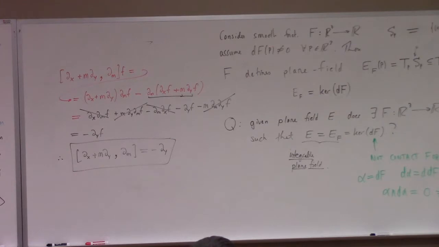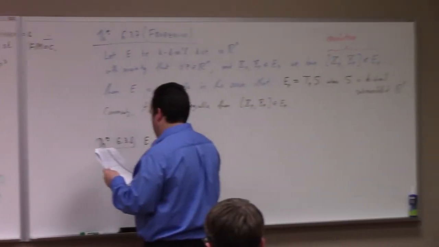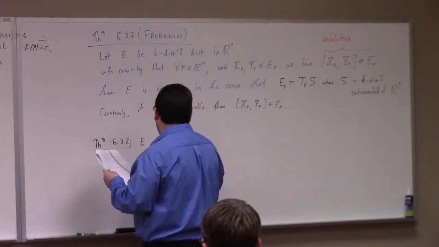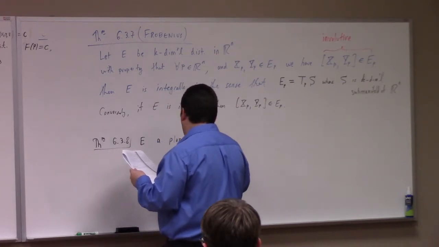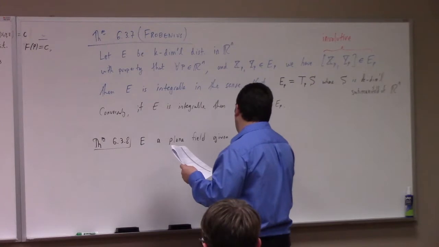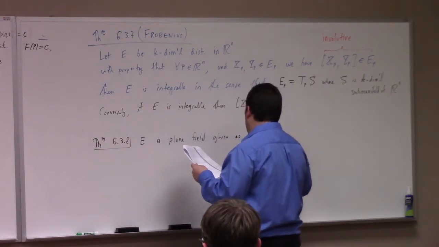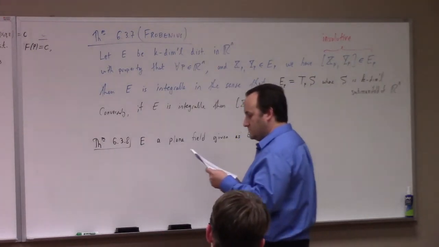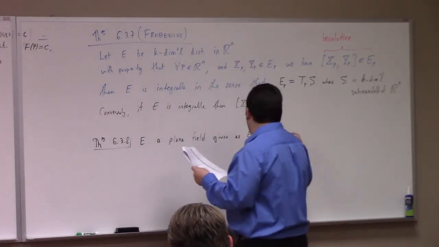There is a reformulation of this, theorem 6.3.8. You have E, a plane field, given as E is the kernel of a one-form alpha, right?